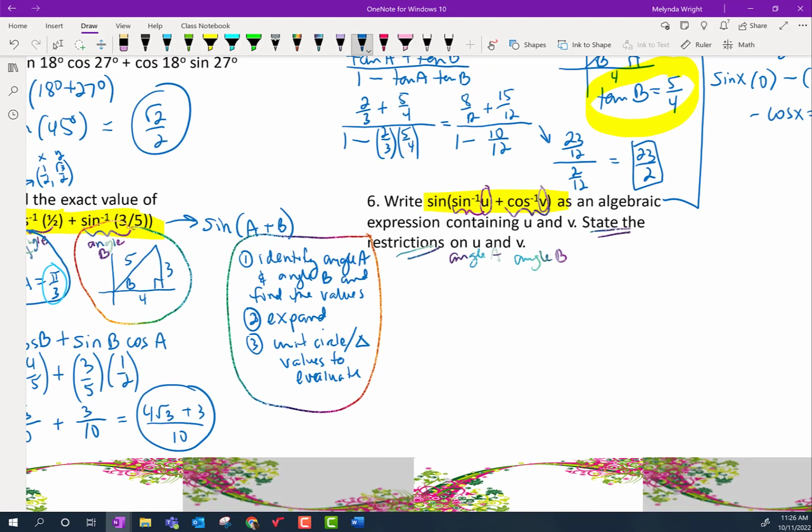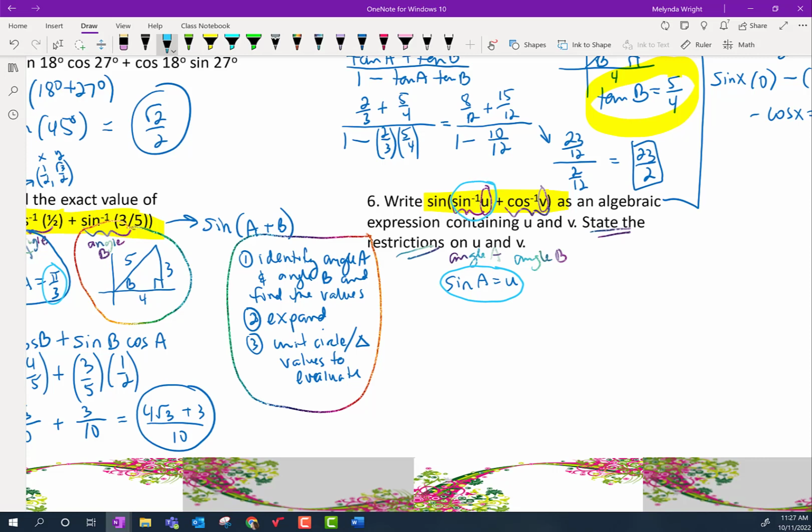Okay, so let's do this first one. So that means that if inverse sine of u is angle A, then sine of A would be u. So I'm doing this inverse with this one, right?